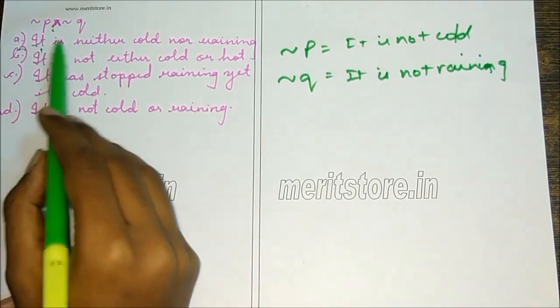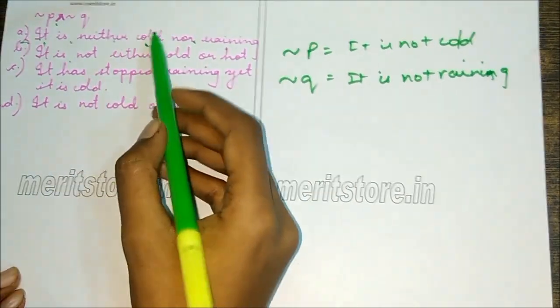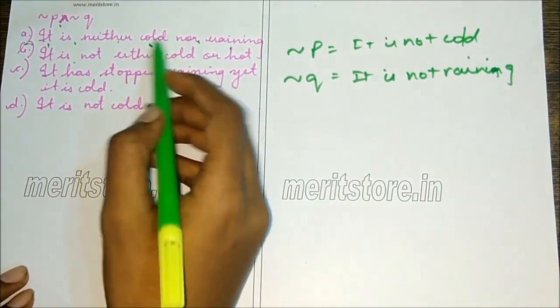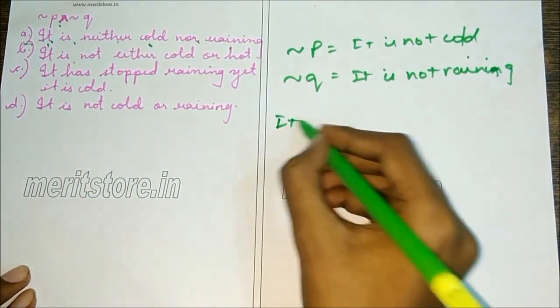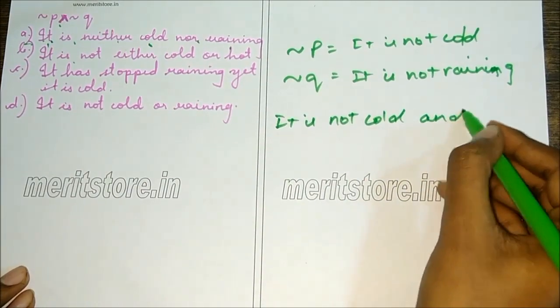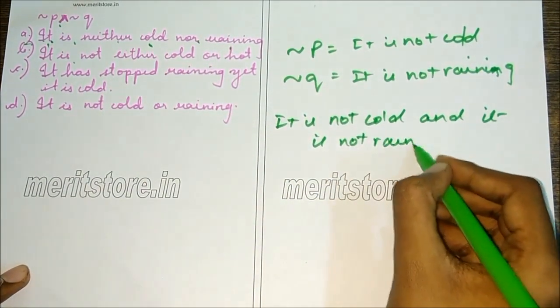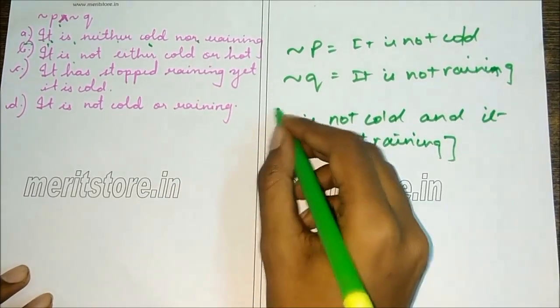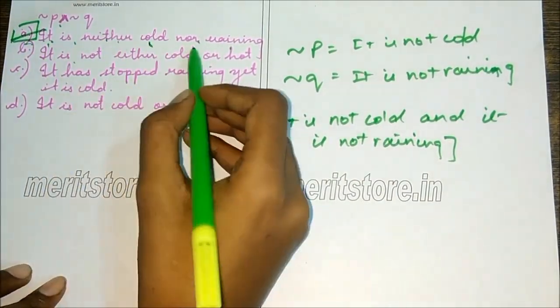So option A is it is neither cold nor raining. So this states that it is a form of and. It means it is not cold and it is not raining, which gives us the answer. So the option is A. It is neither cold nor raining.